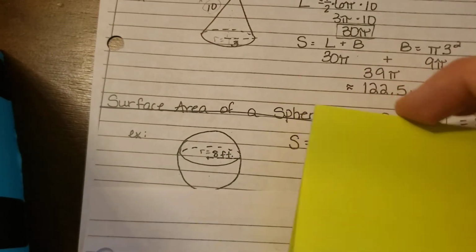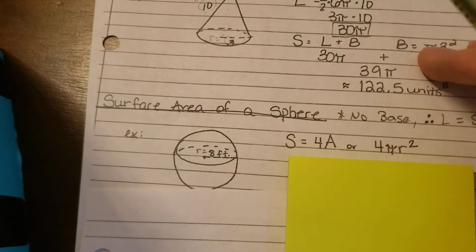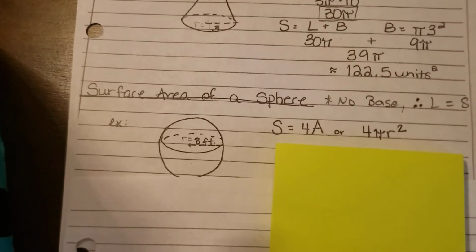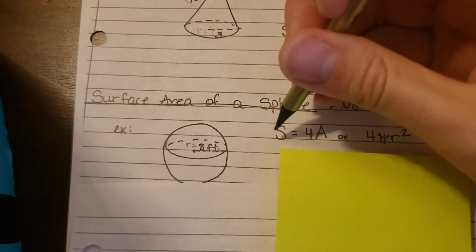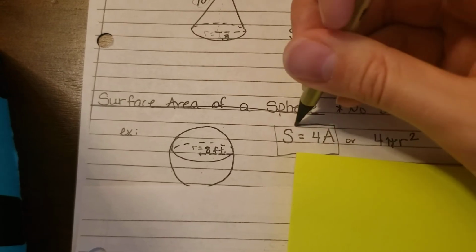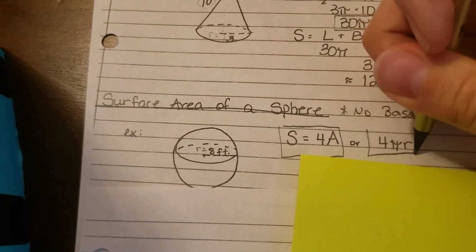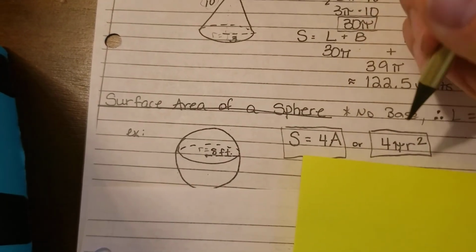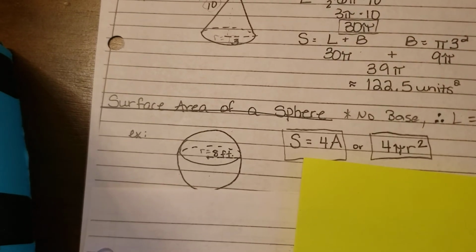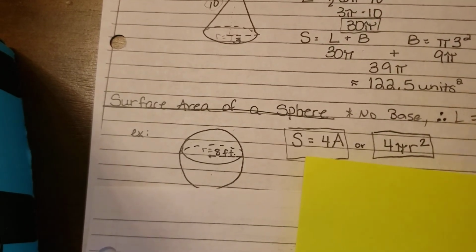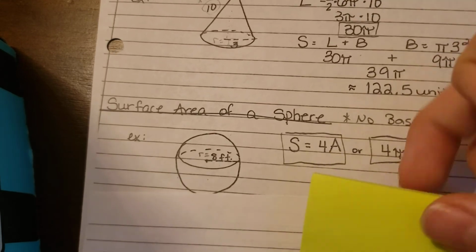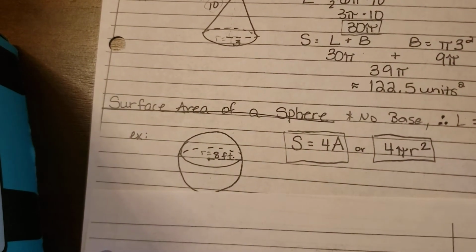And the surface area always equals 4 times the area, or 4 pi r squared. It's just the way it is. The surface area of a sphere is always 4 pi r squared.